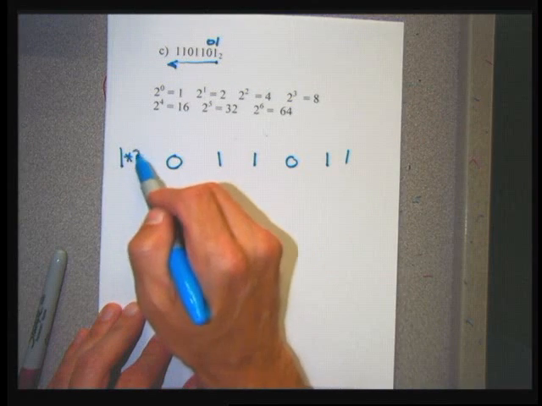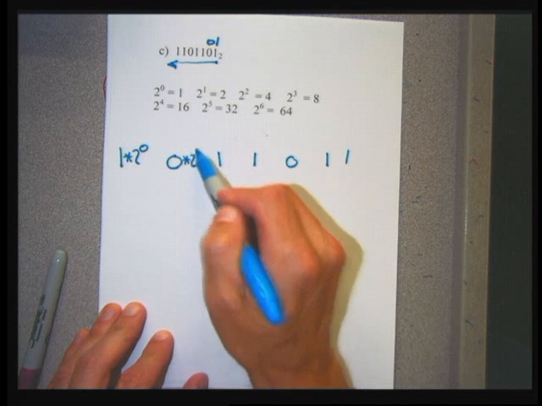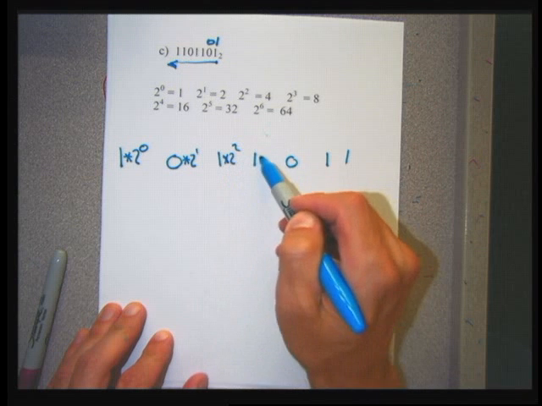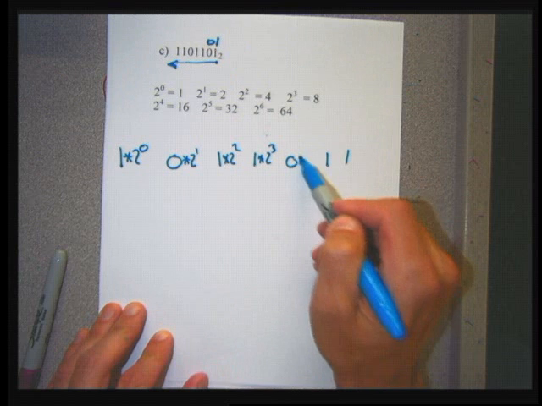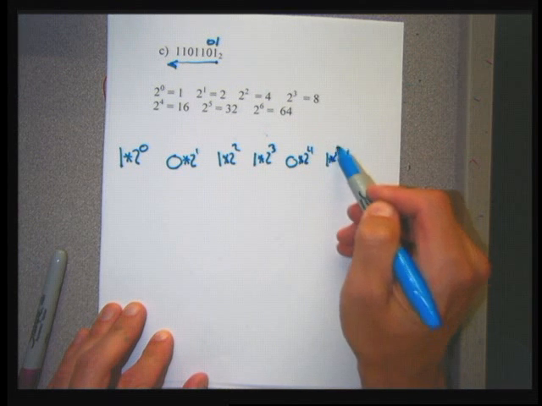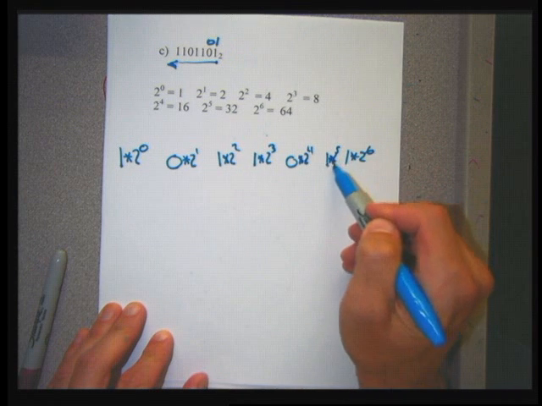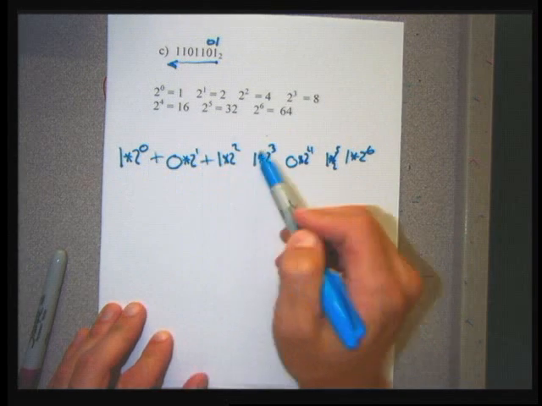I'm going to start at 2 to the 0 power, then go to 2 to the first power, then 2 to the second power, then 2 to the third power, 2 to the fourth power, 2 to the fifth power, and 2 to the sixth power. And then between each, I'm going to put a plus sign.